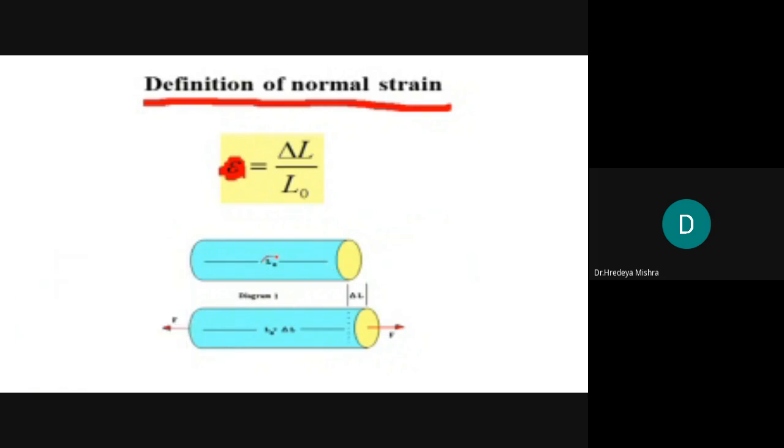L naught. Without load, L naught is the length. After applying the load, how much length is increased? Delta L. Delta L is the length that is increased. So strain is equal to delta L.